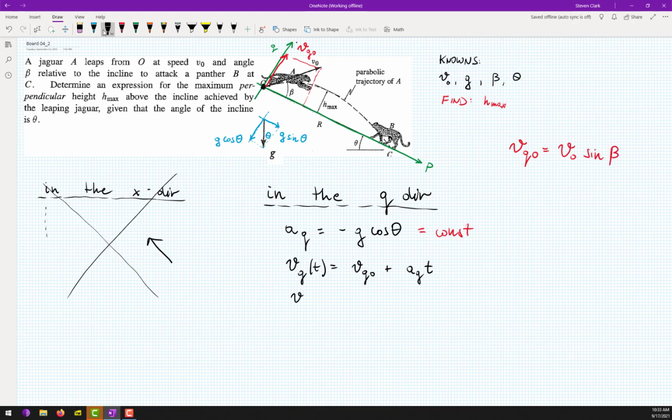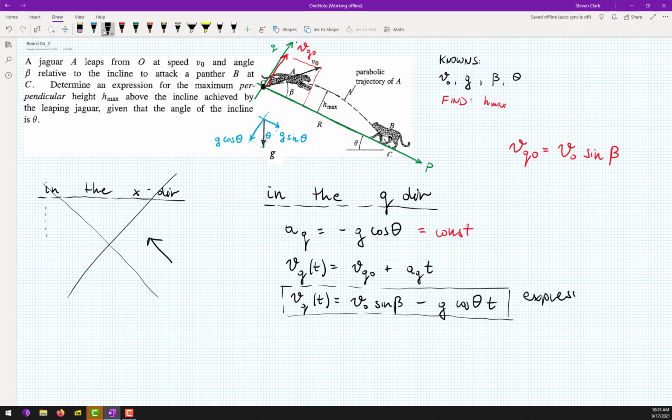So we will have v_q of t equal to v0 sine beta minus g cosine theta t. Okay. This is our expression 4.